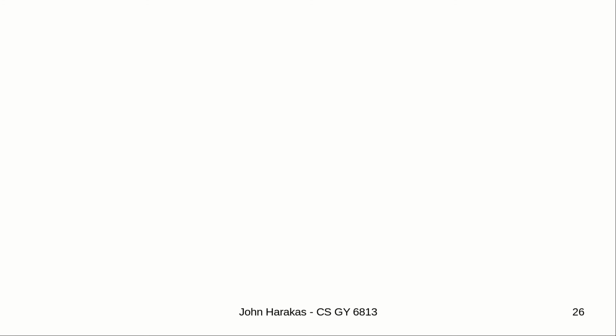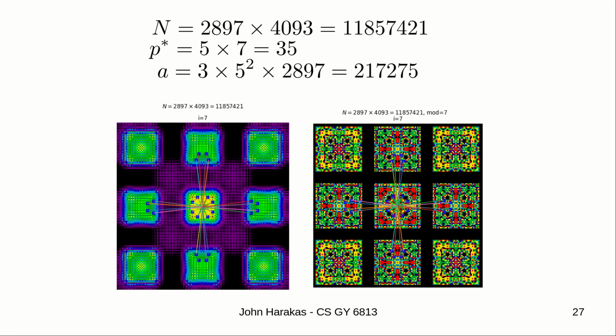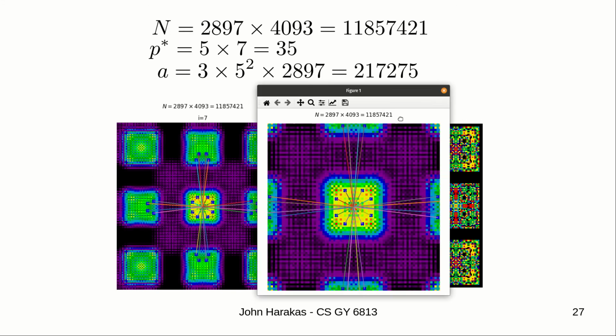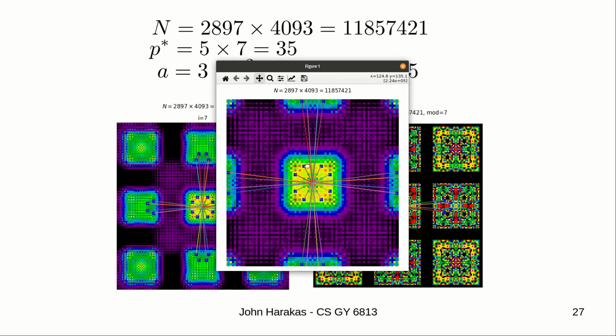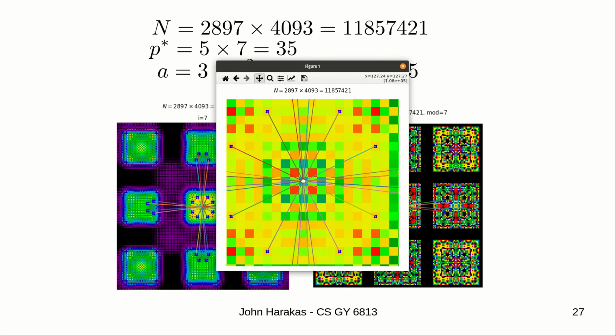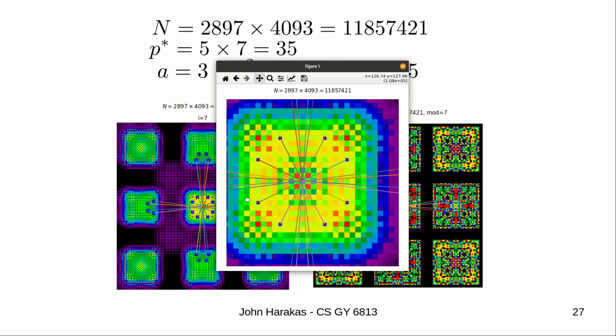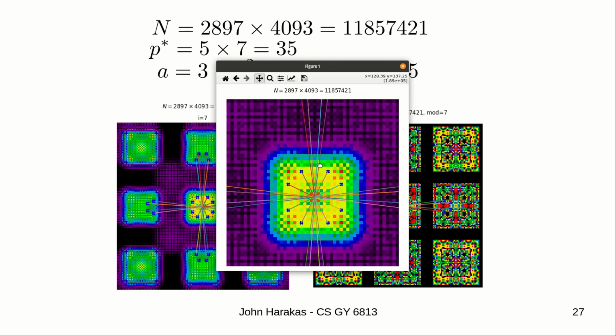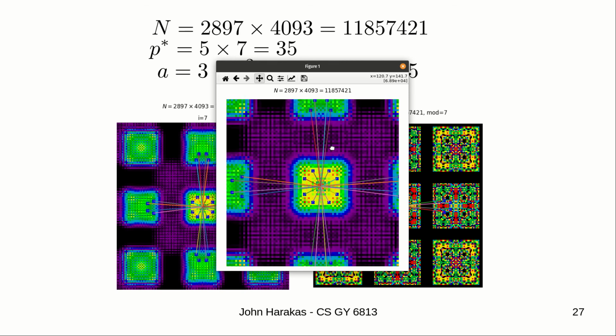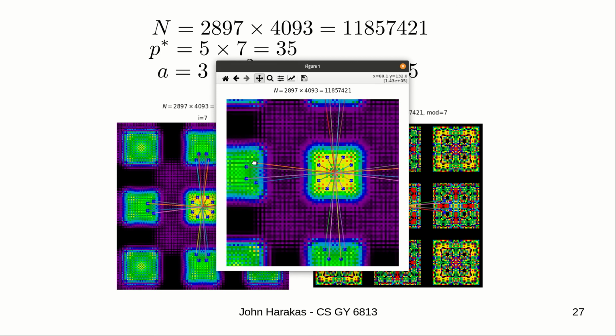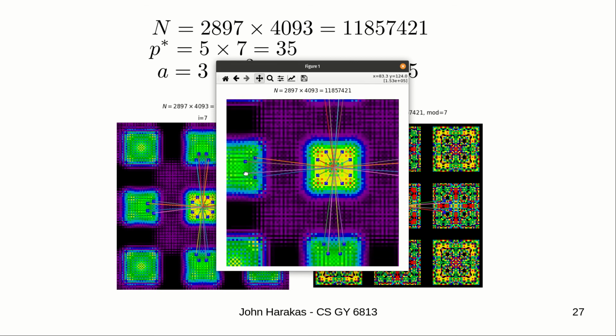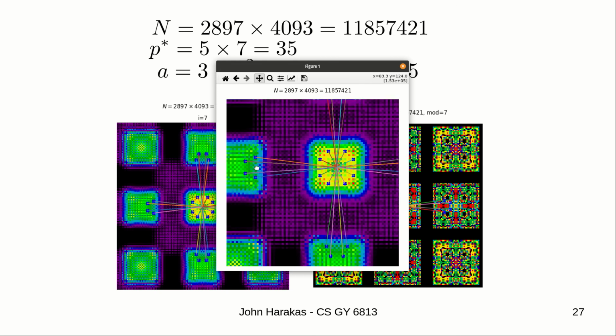So let's see how we did here. And I can do this interactively, actually. This is kind of big numbers. You can see where these lines are going to. This was the initial state in the first cell that generated all of this, and we've got a bunch of points here which correspond to multiples of our prime factors.